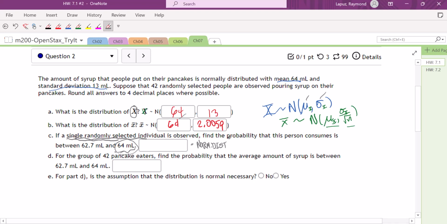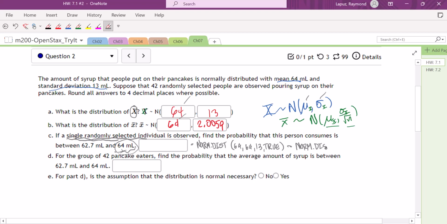According to the Google Sheets command, it's norm.dist, and then we put the value 64, then choose this mean, which is 64, then the standard deviation, and then enter true because it's going to be cumulative. That's the cumulative distribution up to 64, but we want to take away the cumulative distribution up to 62.7.